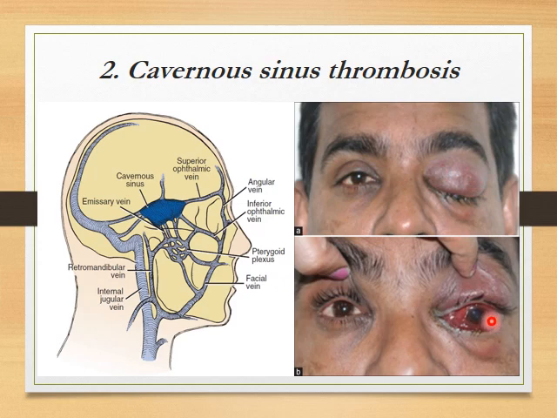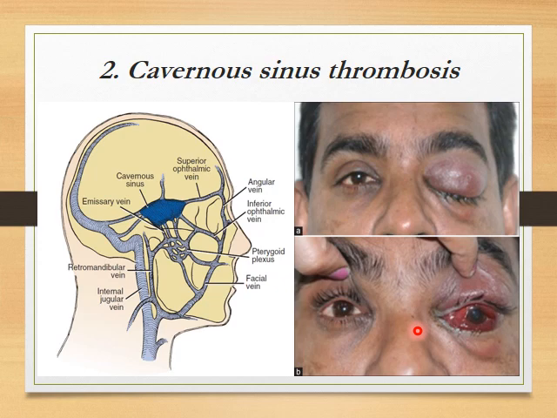Proptosis, which is bulging of the eye. Chemosis, which is edema of the conjunctiva and the swelling around the cornea. External ophthalmoplegia, which is paralysis of one or more of the muscles of the eye. Decreased visual acuity, the patient will not see clearly.